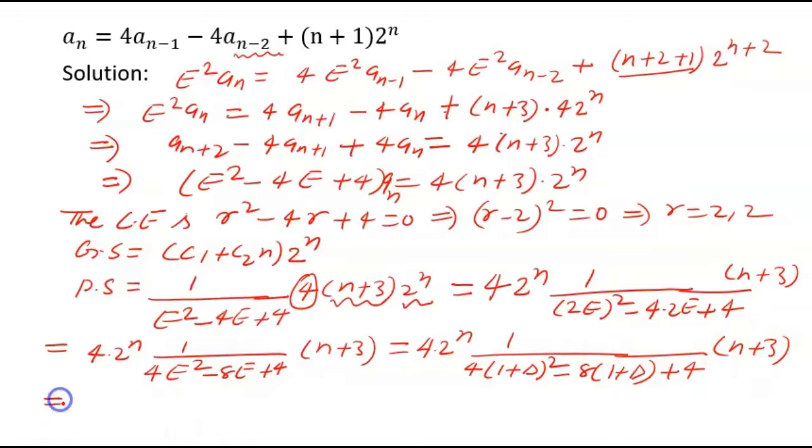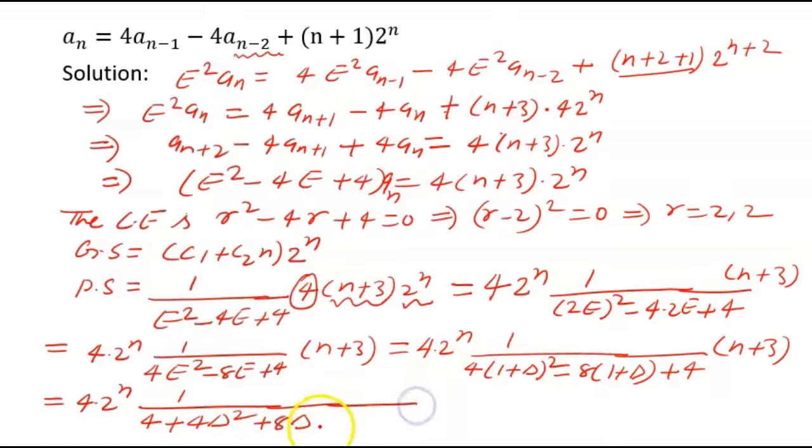Now I get 4 times 2 to the power n, and we get 4 plus 4 delta squared, using a squared plus b squared plus 2ab, so 2 delta plus 4, so 8 delta, and minus 8 delta plus 4, and that we need to operate on n plus 3.